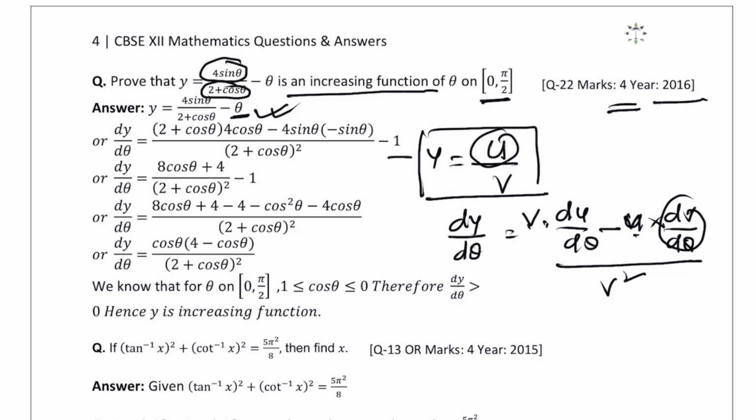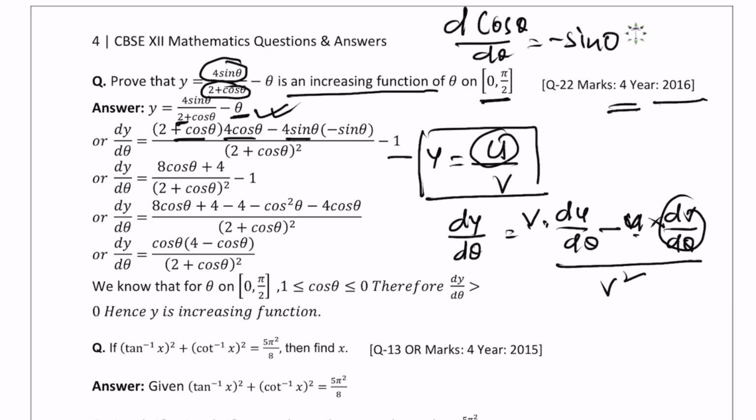So here 2 plus cos theta is v, u is 4 sin theta, so differentiation of sin theta is cos theta, times 4. Similarly, u is 4 sin theta and differentiation of 2 plus cos theta is: differentiation of 2 is 0, and differentiation of cos theta is minus sin theta. So we know that differentiation of cos theta equals minus sin theta.